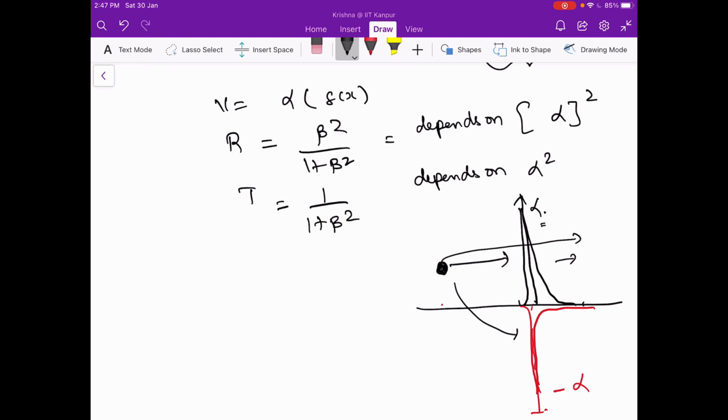In quantum mechanics, the particle gets affected by a potential irrespective of the direction of the potential, whether the potential is attractive or repulsive. For instance, here the potential is repulsive, so the electron will be scattered back from this potential if α is positive, and it will be attractive if the potential is negative, right?